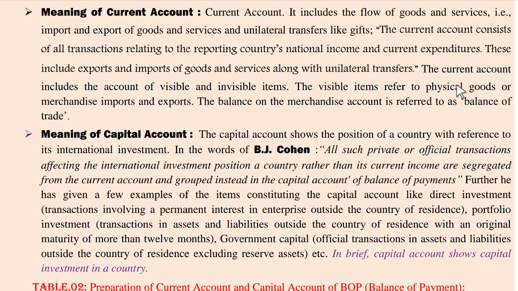The current account includes the account of visible and invisible items. The visible item refers to physical goods or merchandise imports and exports. The balance on the merchandise account is referred to as balance of trade.